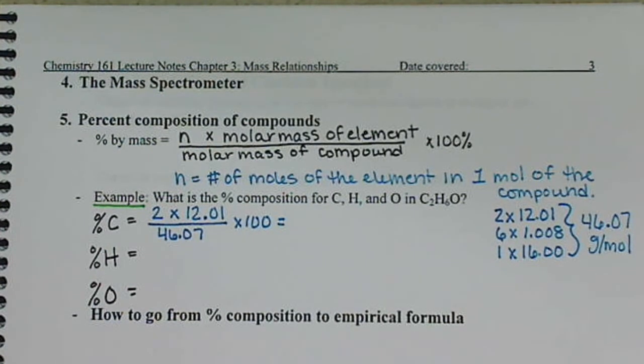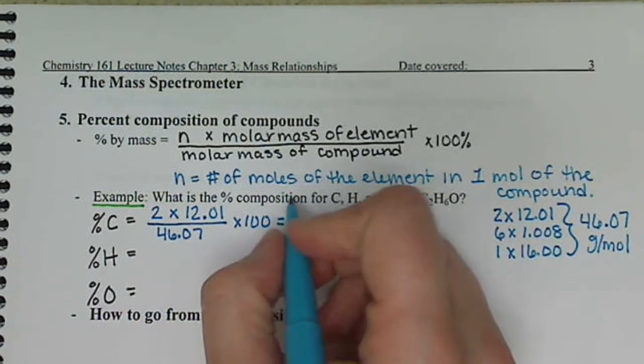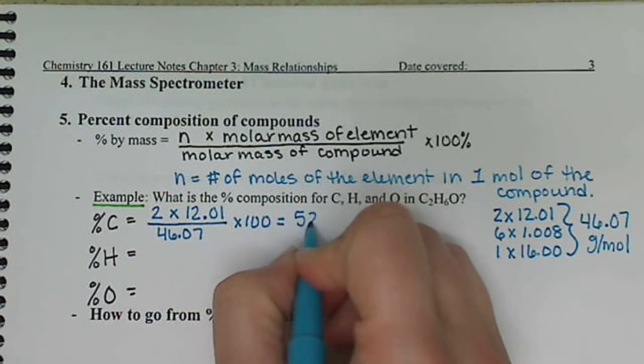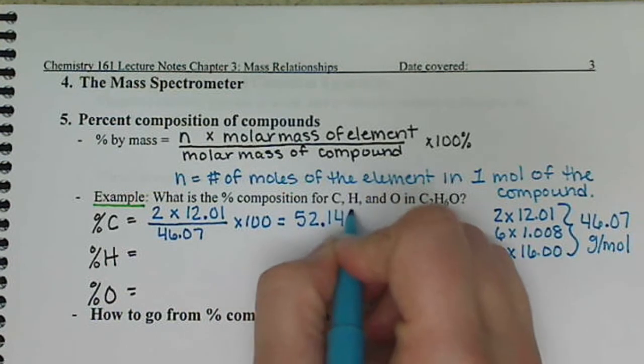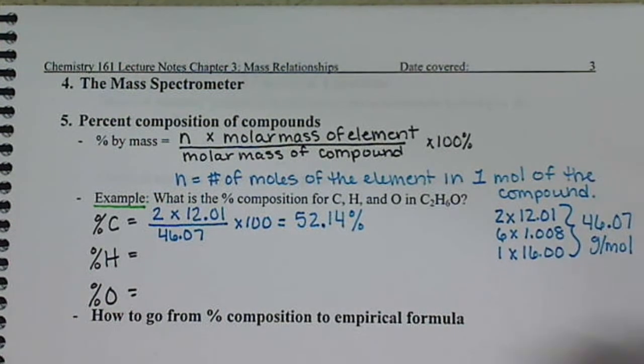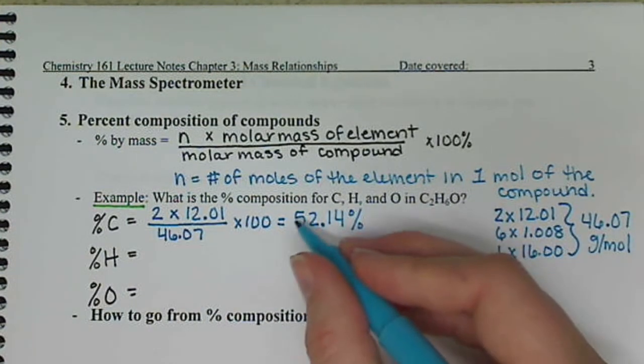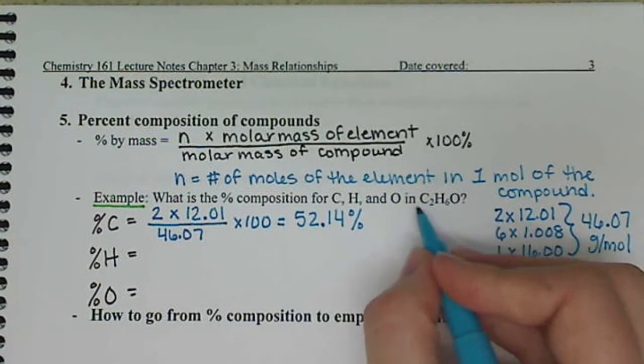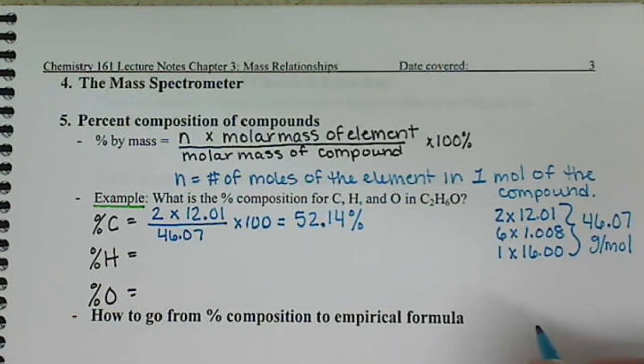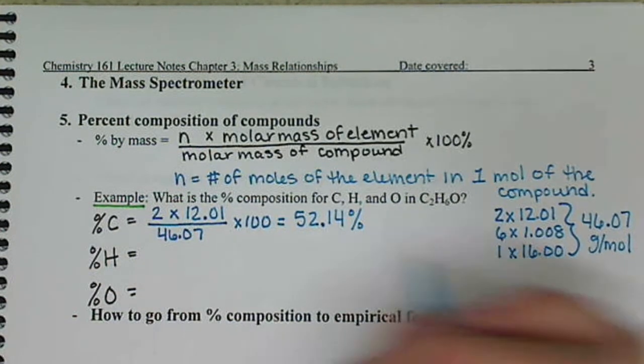So we have 2 times 12.01 divided by 46.07 into a percent form, and we have 52.14%. So roughly half by mass of this molecule is composed of carbon.